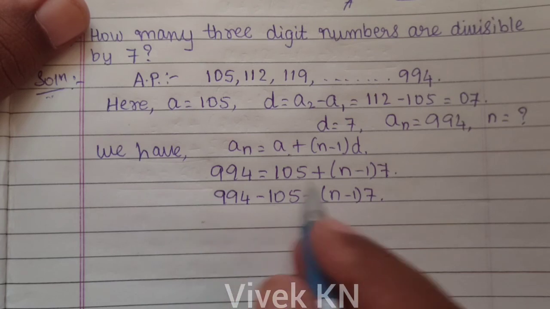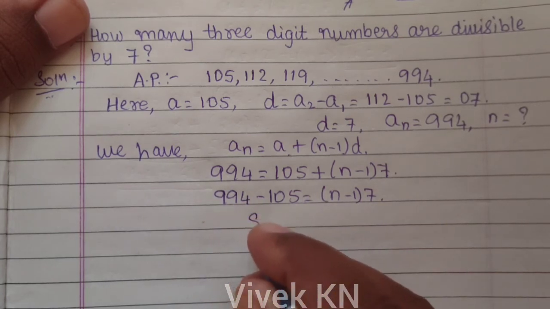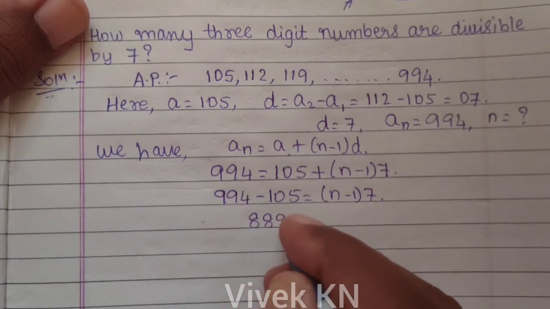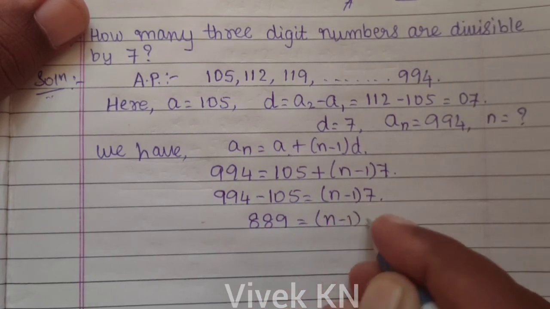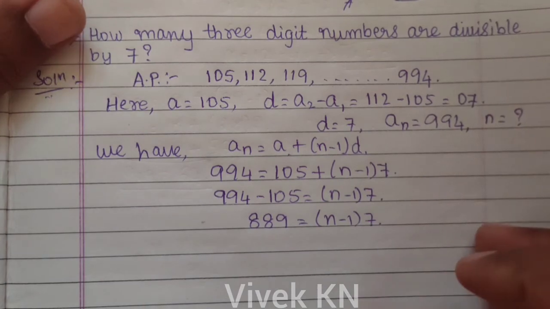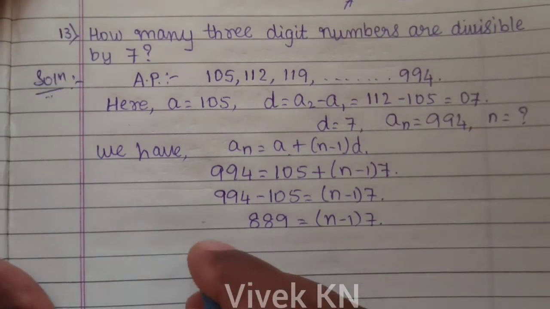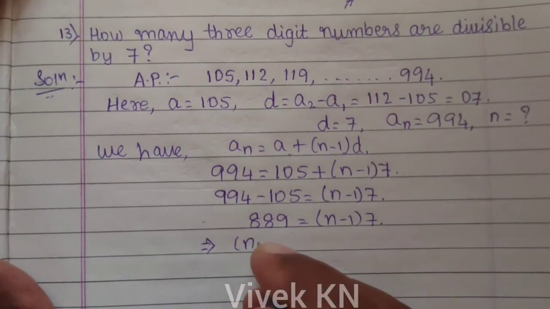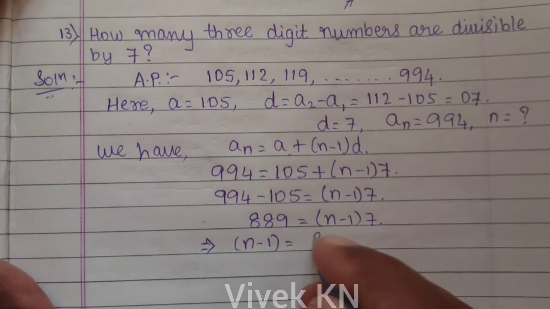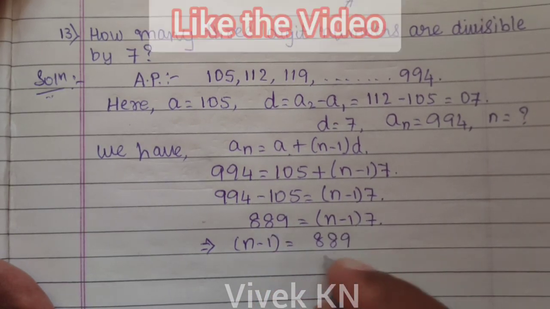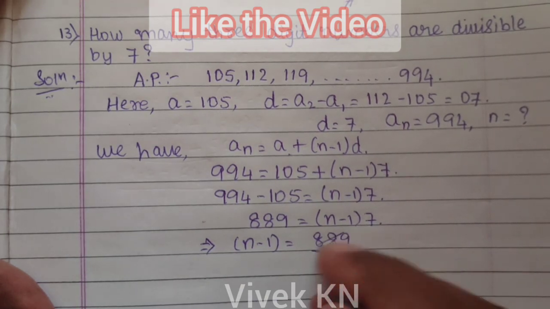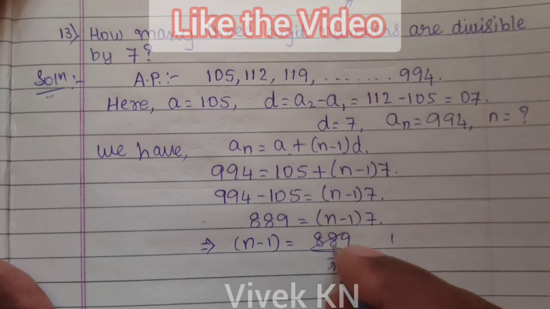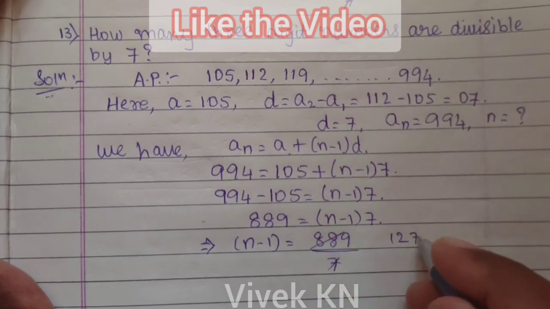Subtracting these two terms, we get 889 as the answer, equal to (n minus 1) into 7. This can also be written as n minus 1 is equal to 889 divided by 7. 7 ones are 7, 7 twos are 14, 7 sevens are 49.